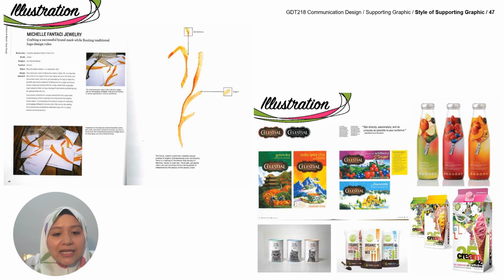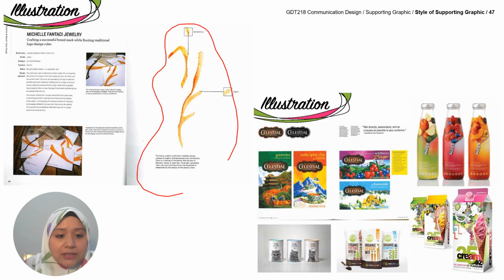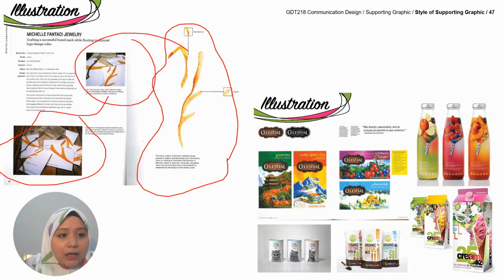So this is the illustration style of supporting graphic. We have two kinds of illustration, which are manual illustration and digital illustration. The example here is manual illustration: the designer drew it and then applied it to the design item. This is from Michele Fantasy Jewelry.